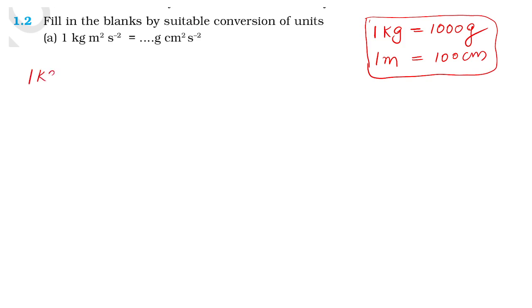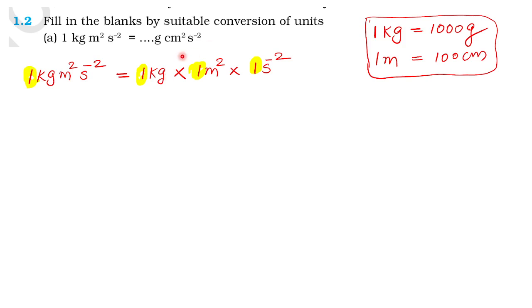1 kilogram meter square s raised to minus 2, isn't it? We can write like this: 1 kilogram into 1 meter square into 1 s raised to minus 2. Why? Because 1 into 1 into 1 is 1 itself.